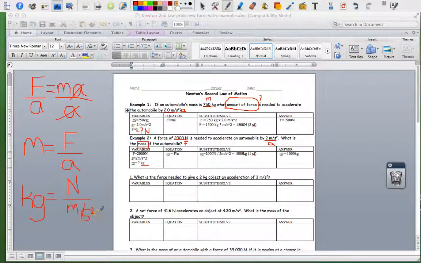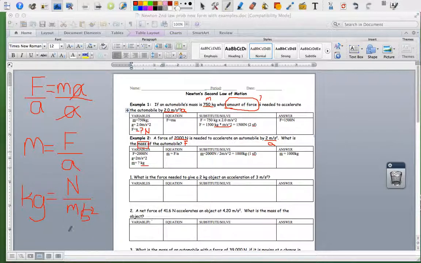Sorry for my writing here, hard to do. If we remember, the newton was the value from the previous problem, kilograms times meters per second squared. If we divide kilograms times meters per second squared by meters per second squared, this would cross off.